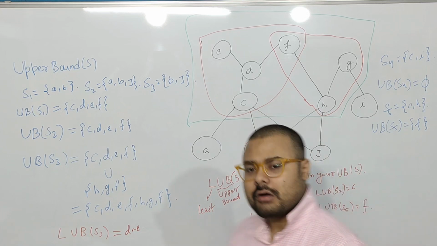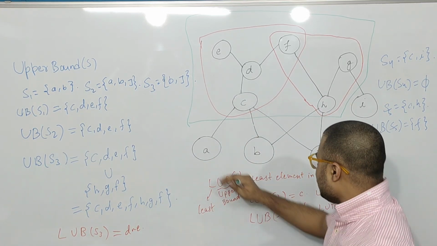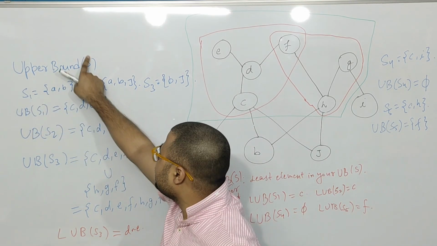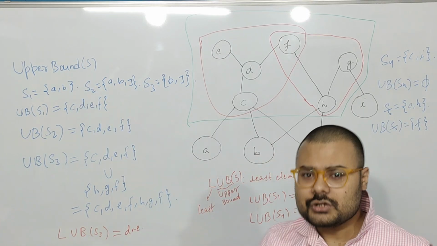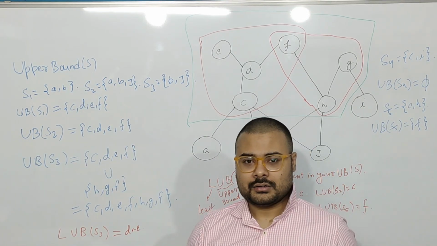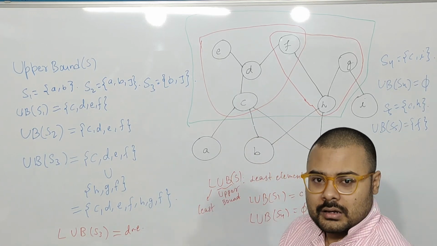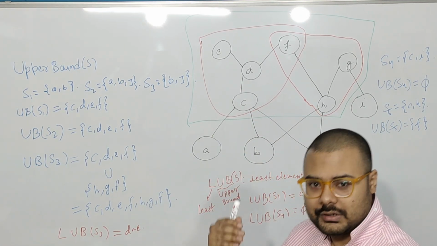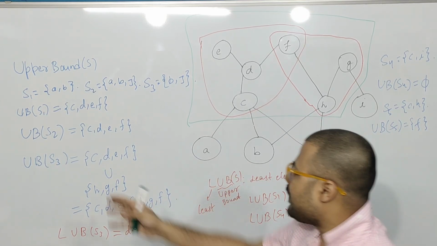So how do you find a least upper bound? If the elements of set S have a unique join point, then that join point is your least upper bound, and everything in the upward direction from it will be a part of the upper bound.